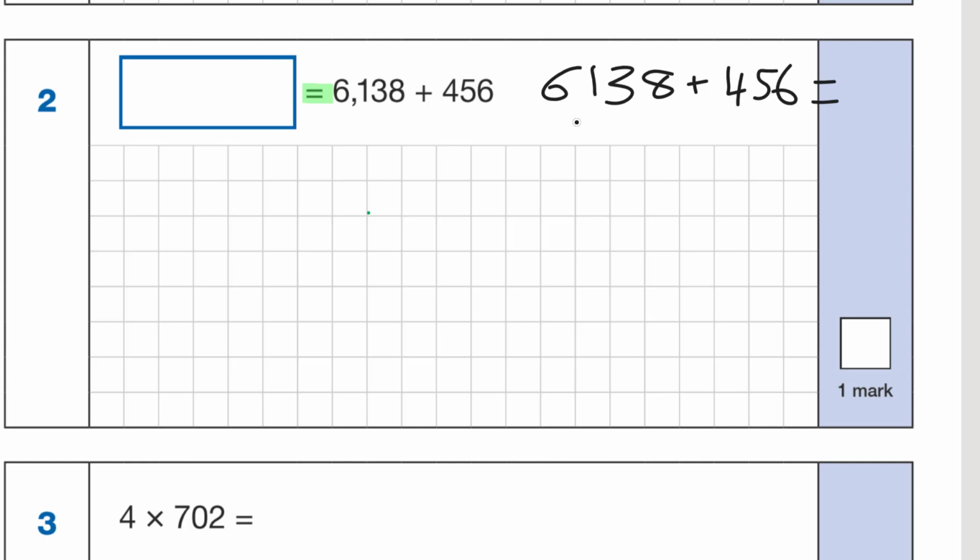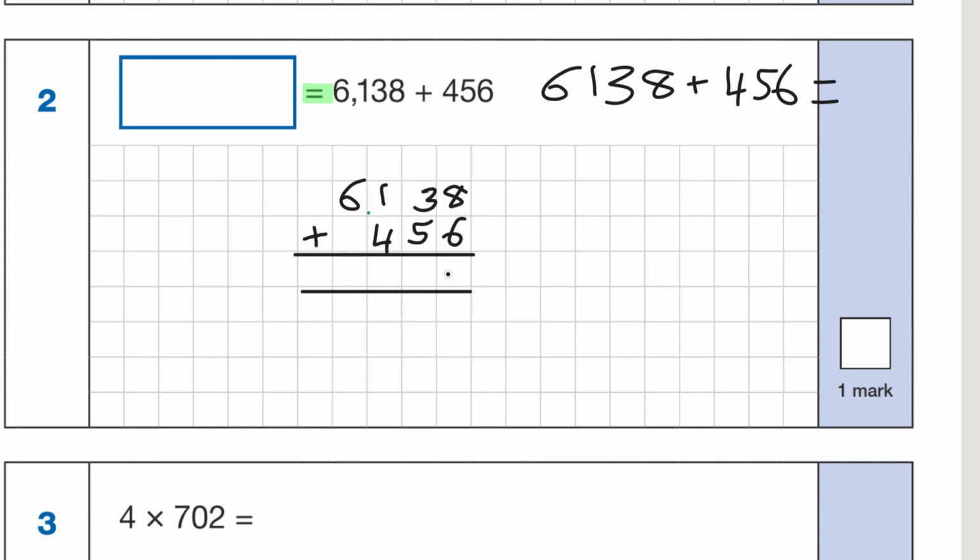So you're just adding. So this is a simple column addition question, making sure that you line up the digits correctly, that you put the 400 under the 100, the 5 tens under the 3 tens, and the 6 ones under the 8 ones. Okay, and then we're going to now just add.